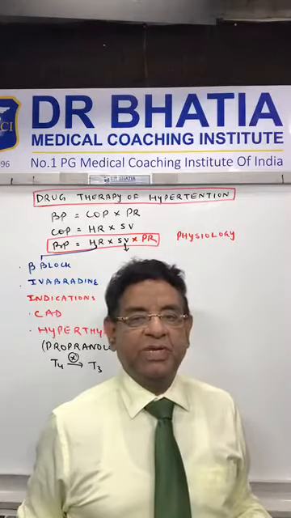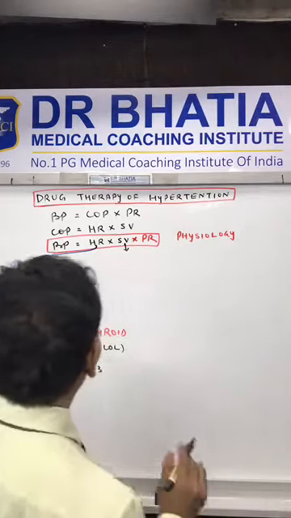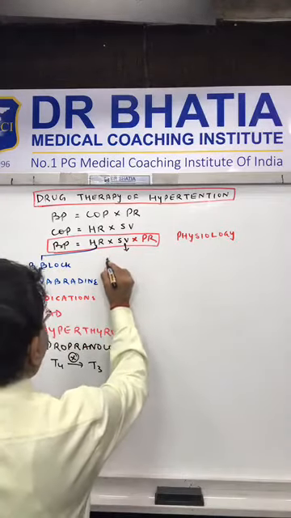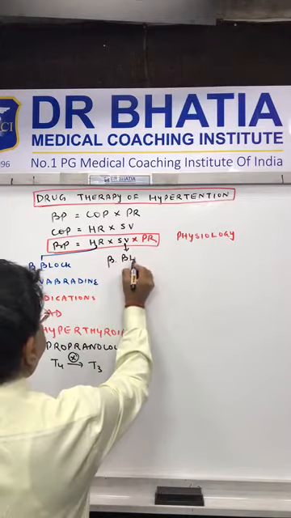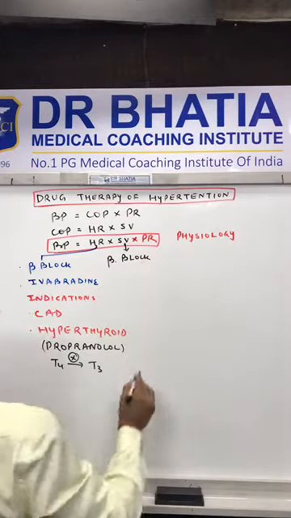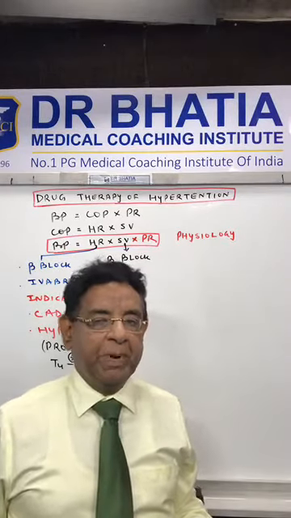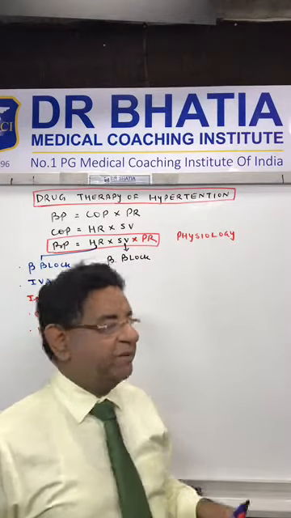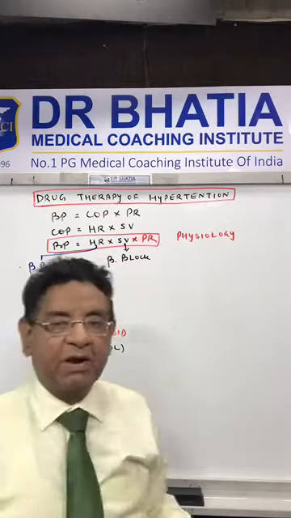Drugs which are going to control stroke volume. Again, beta blockers. So beta blockers reduce the heart rate. They also reduce the pumping action of the myocardium. That means beta blockers are primarily going to control cardiac output.